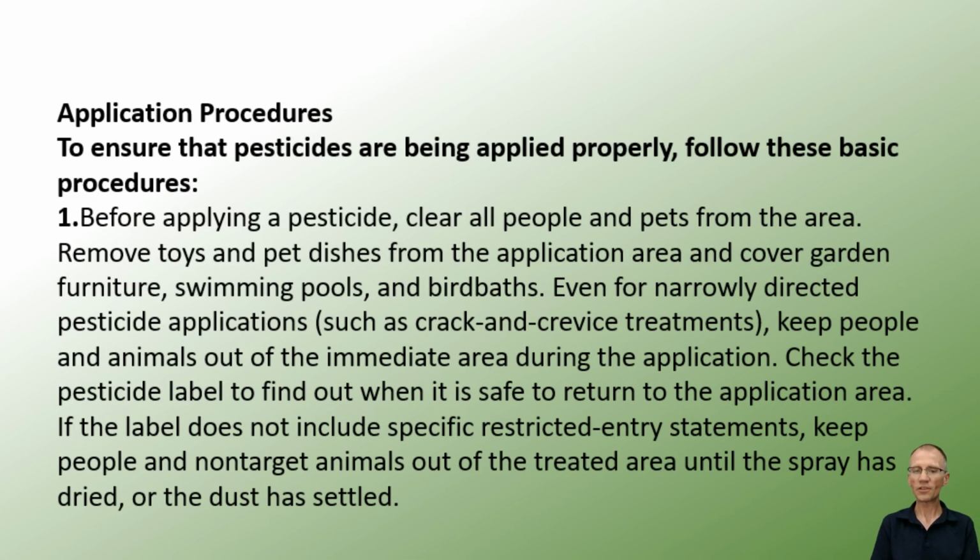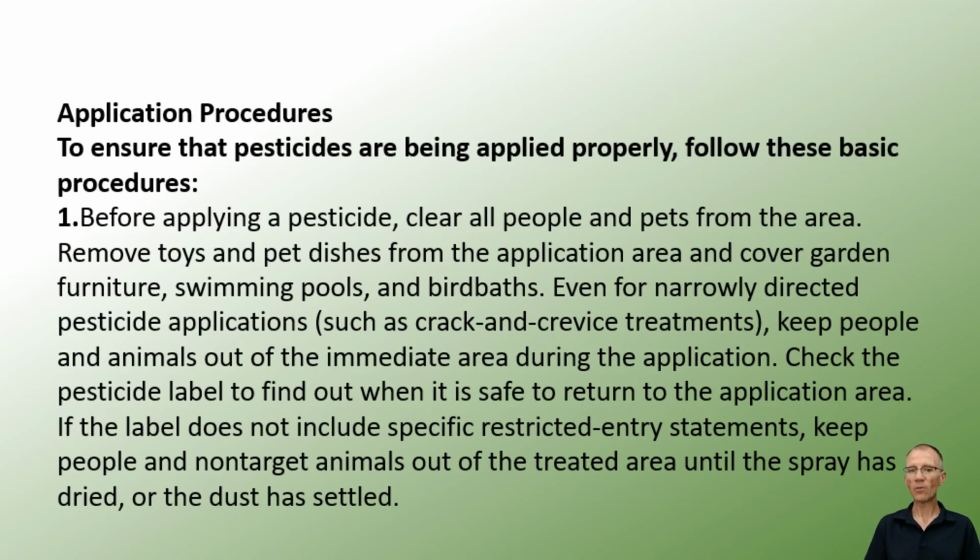Application procedures. To ensure that pesticides are being applied properly, follow these basic procedures. 1. Before applying a pesticide, clear all people and pets from the area. Remove toys and pet dishes from the application area and cover garden furniture, swimming pools, and bird baths.